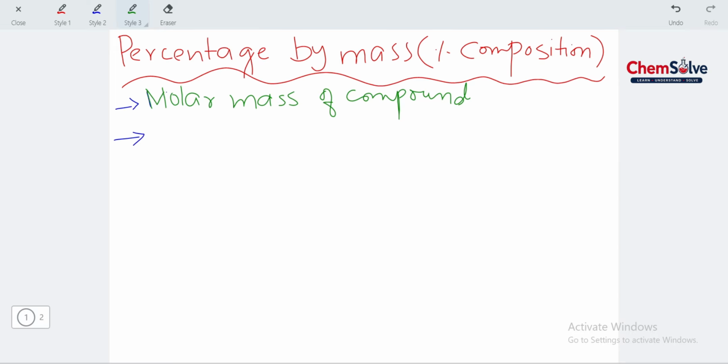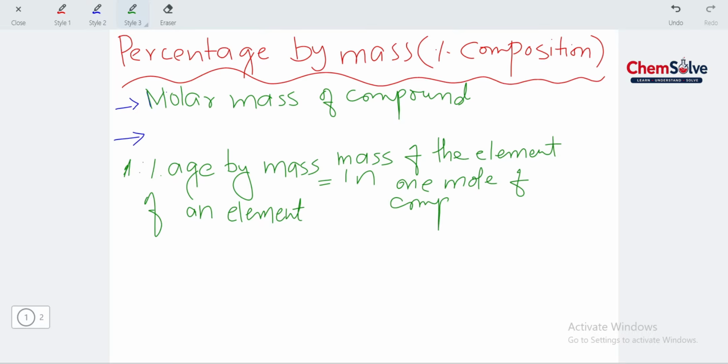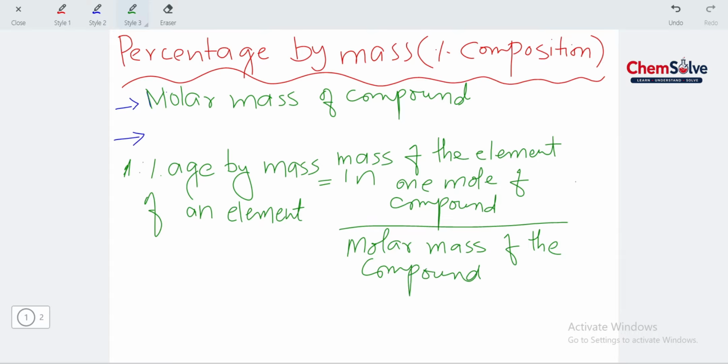Okay. And next we have to use the formula. So the formula says percentage by mass of an element is equal to mass of the element in 1 mole of compound divided by molar mass of the compound, and the whole multiplied by 100, as it is the percentage.